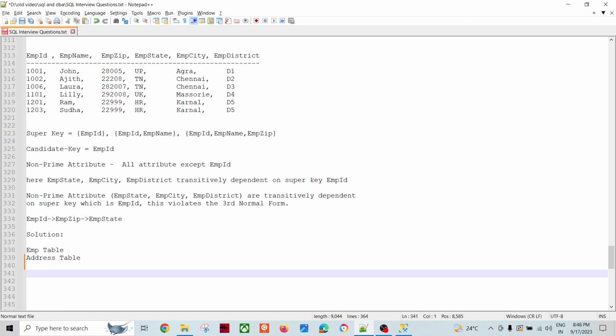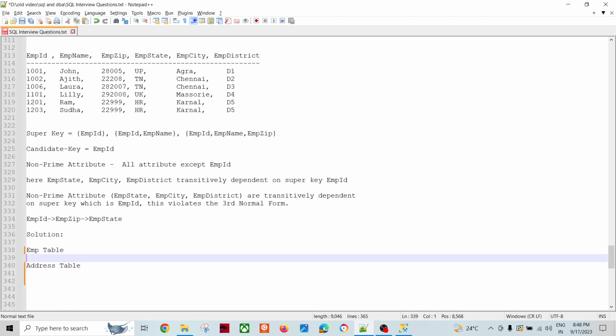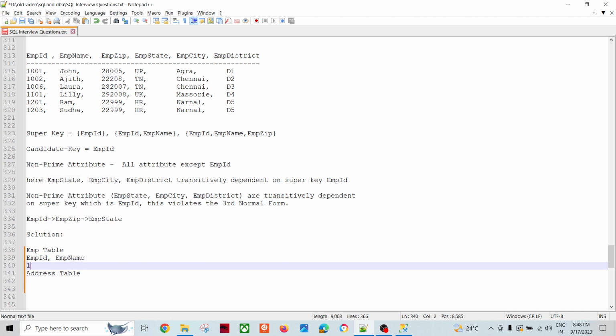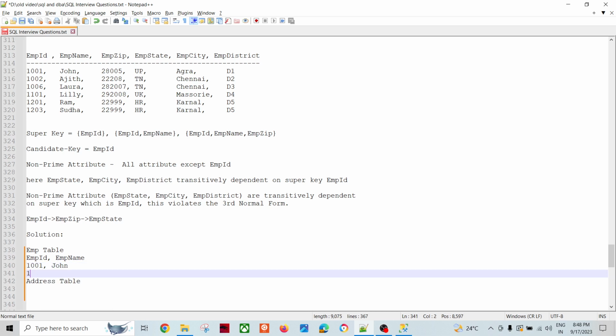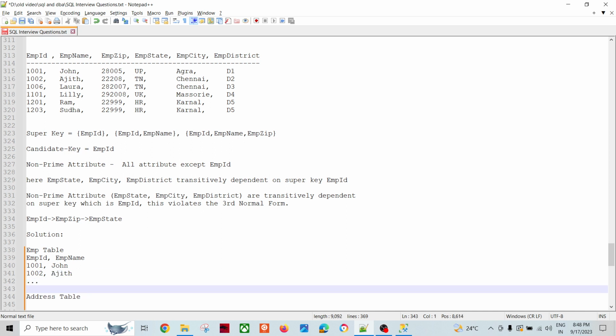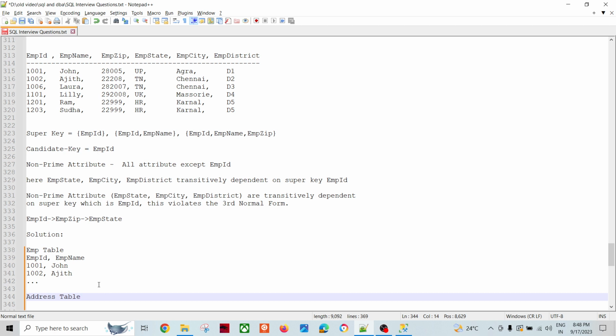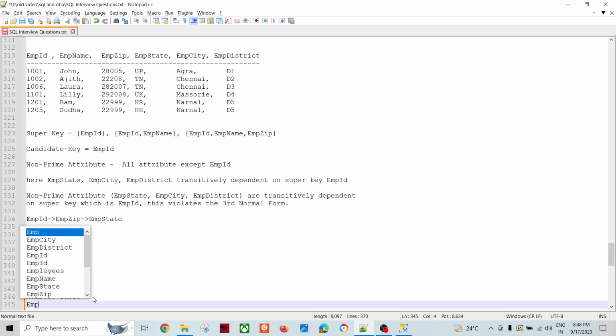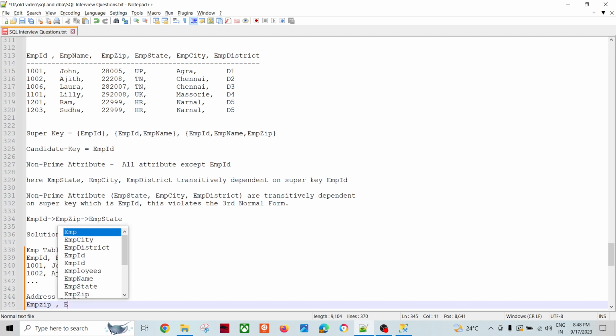So how would it be? I can create an employee table with employee ID and employee name: 1001, and then I can say this is in zone, and then 1002. These details I can put here. Likewise, the address table could have an employee zip and an employee state.